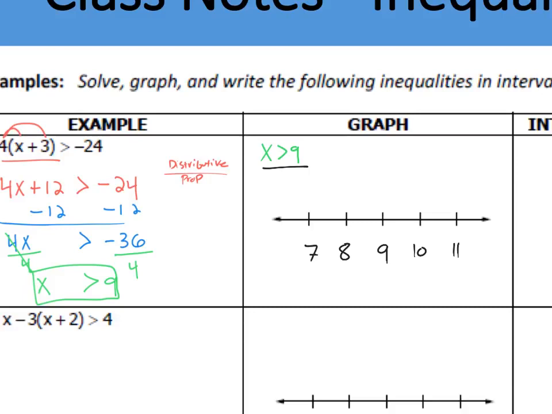This is an open circle activity. So we're going to put an open circle at 9, and we're going to shade everything bigger in that direction. Maybe I'll do that with a red pen just to make it look a little different. So an open circle and a red arrow for everything bigger, because 10 is bigger than 9, 11 is bigger than 9, all of those things.